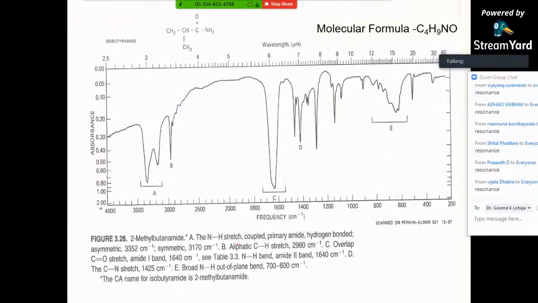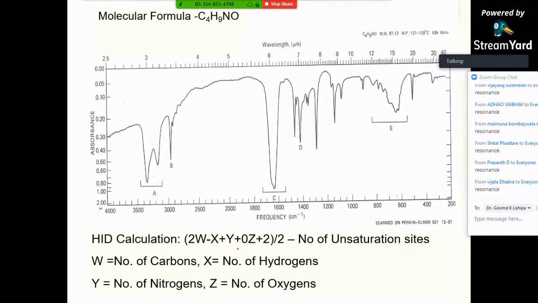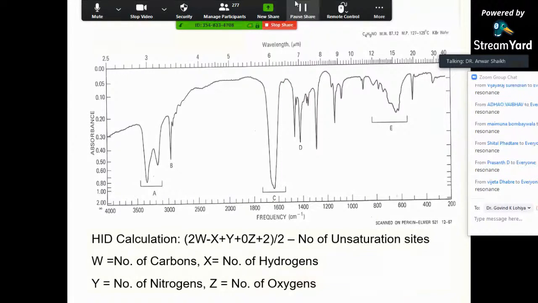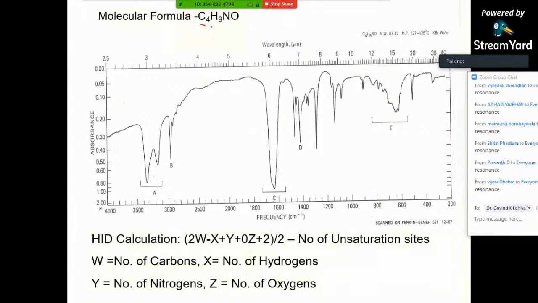Let us see one example here from the drug molecules. So here we have a molecular formula, that is C4H9NO. And say, for example, this spectrum is given to you.